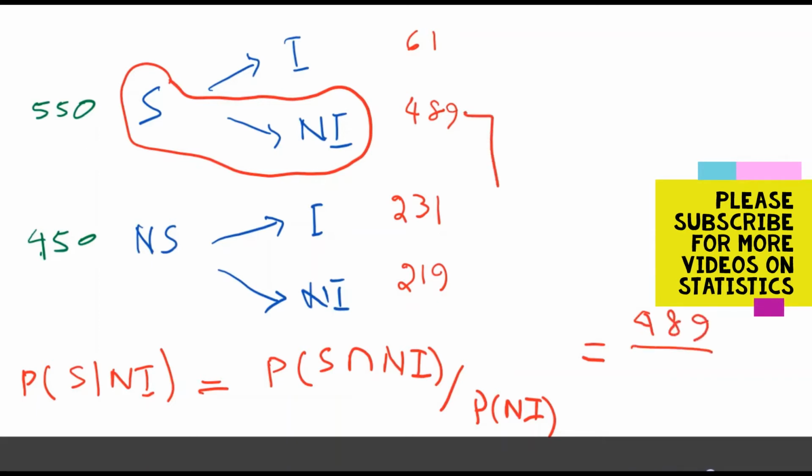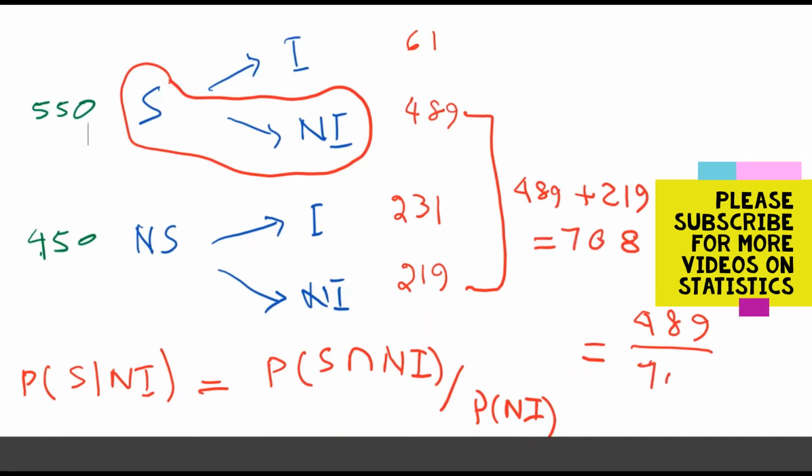While the total number of no injuries comes from adding all the athletes who were not injured, whether they stretched or did not stretch, and that is the sum of 489 and 219, which turns out to be 708.